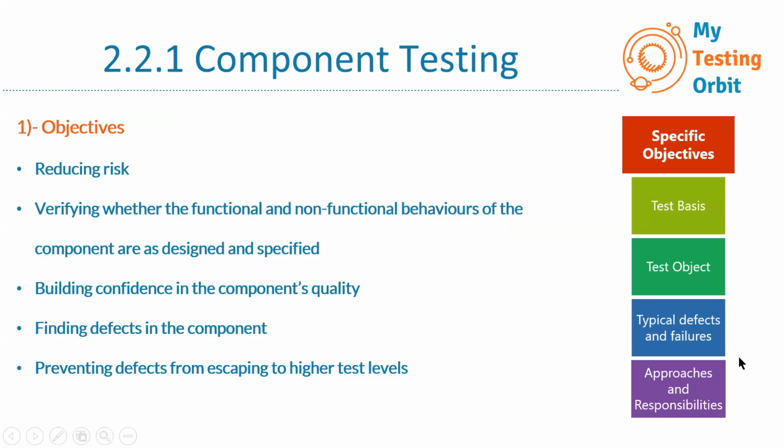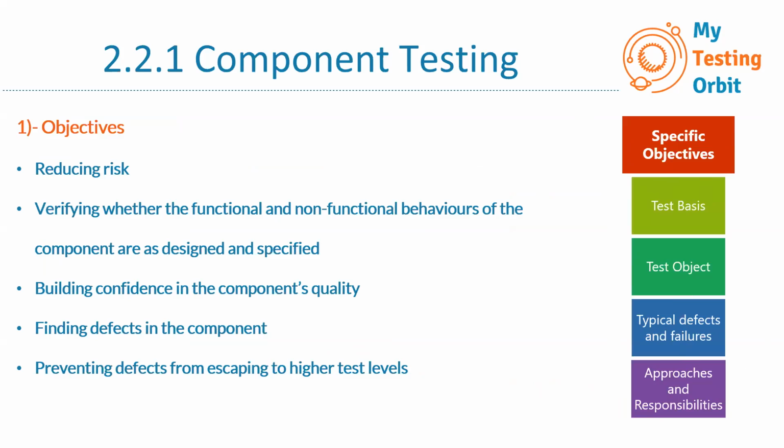Let's go further. If you see on the right hand side, we said that there are 5 attributes to any test level. And as we are going through our first test level, which is component testing, we will be going through all the attributes turn by turn, and we will start with our objectives.